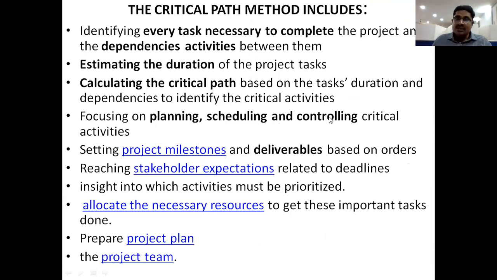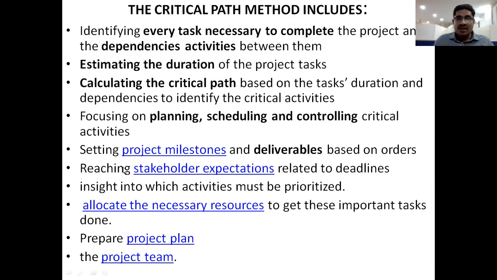Controlling means checking our actual performance against the planned performance. If a gap is there, we need to fill that gap using some techniques. That is called the controlling process. So plan, schedule, and control the critical activities, and set the project milestones and deliverables based upon the customer orders or the government orders within a time.